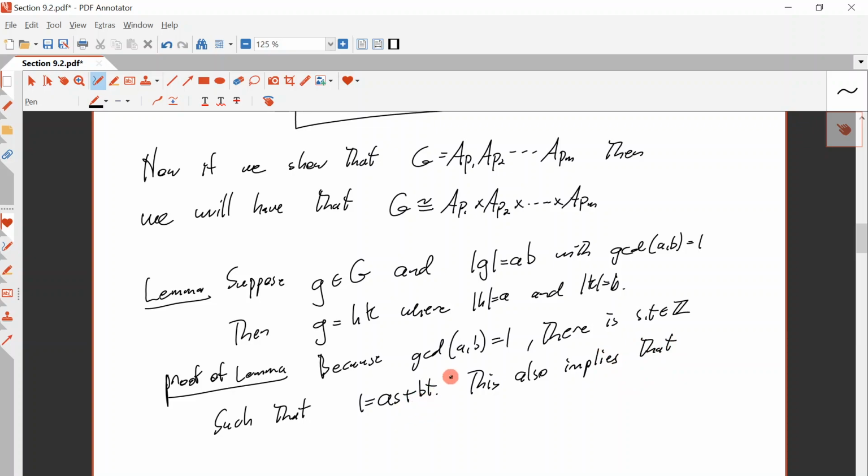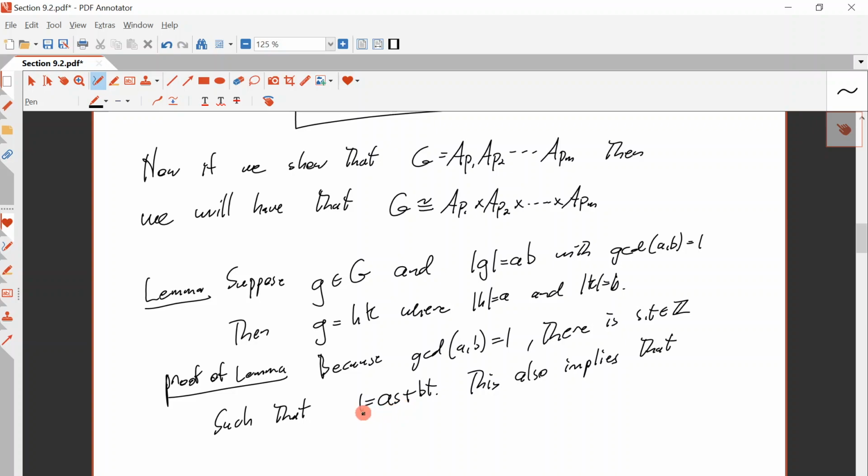Remember that the GCD of two integers can always be written as a linear combination of those two integers, and that the GCD is the smallest positive such linear combination.